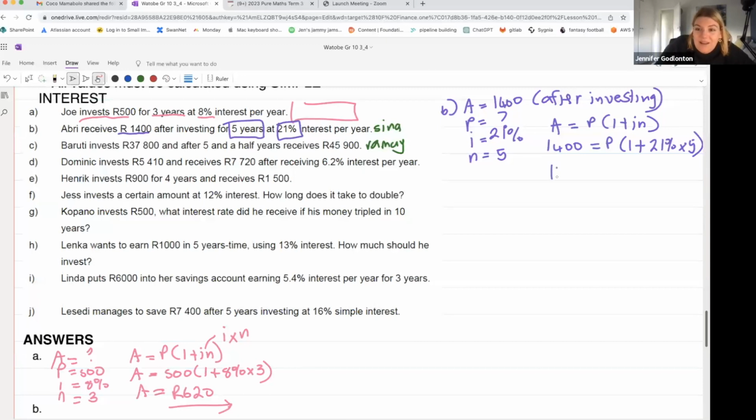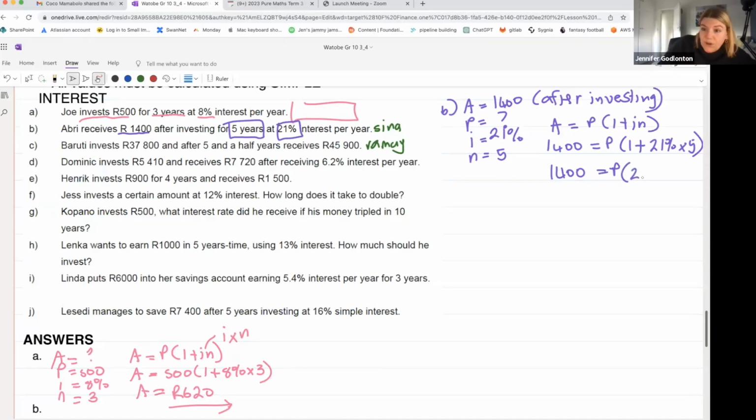Okay. I'm just going to show you with the working out here in case people did it this way. So we're going to say 1 plus 21% times 5, which is going to give us 2,25. Oh, I've written 25, not 21. 2,05, there we go.